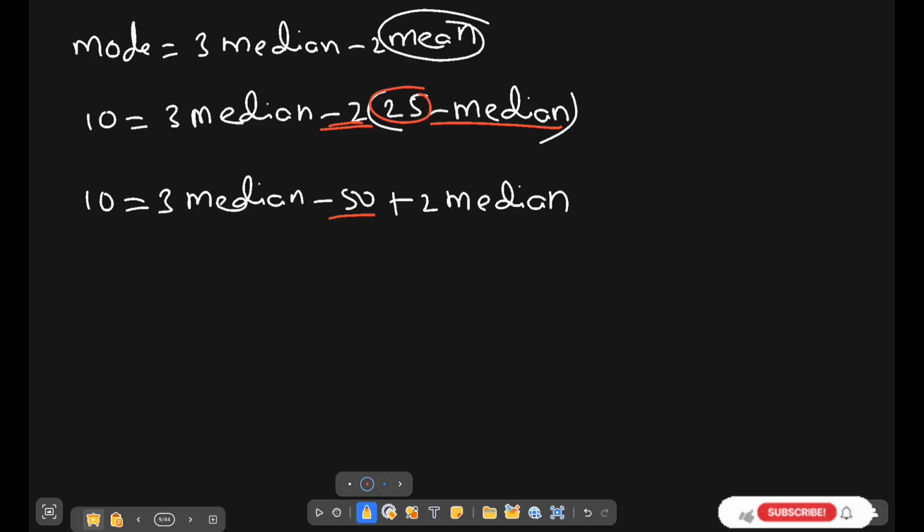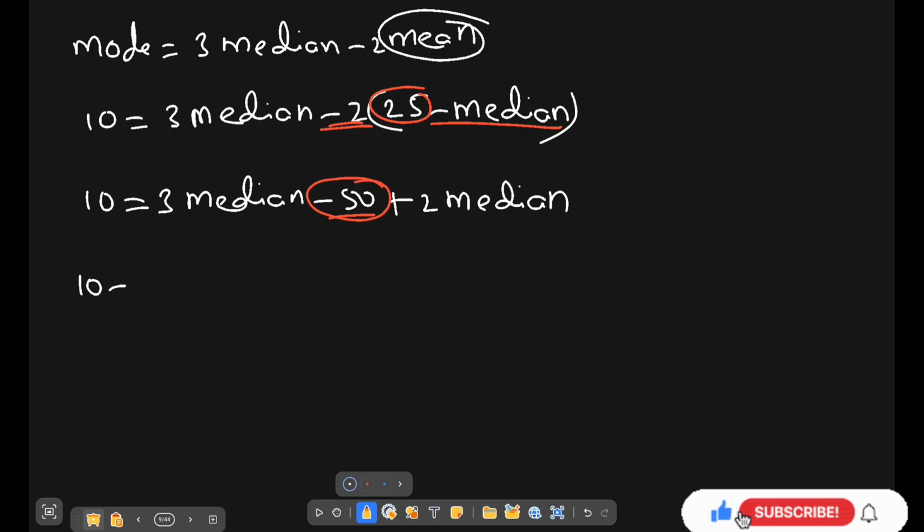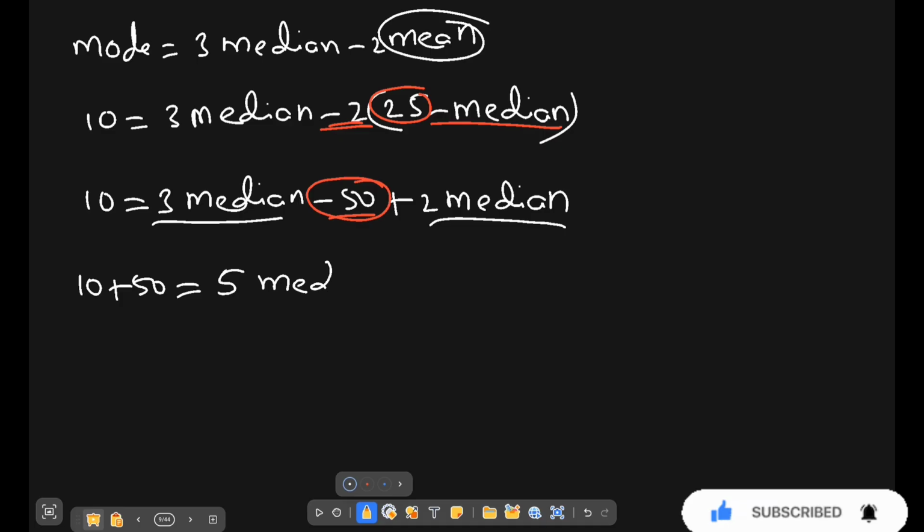Now bring that minus 50 to the left side. It becomes 10 plus 50 is equal to 3 median plus 2 median, which is 5 median. So 60 is equal to 5 median.